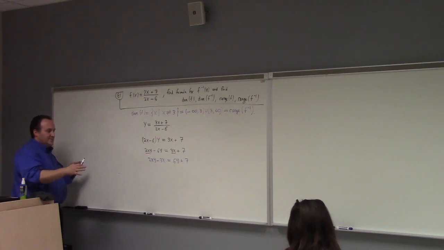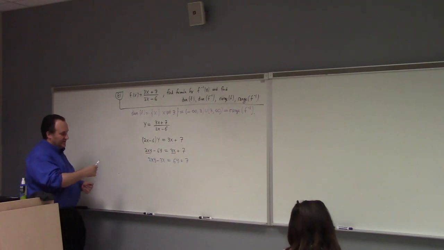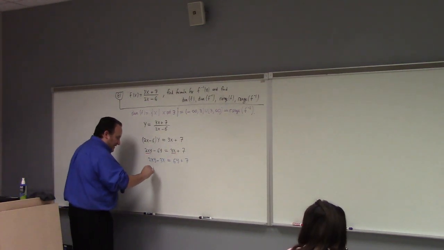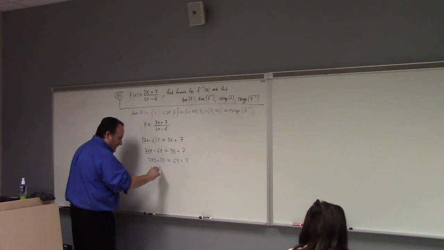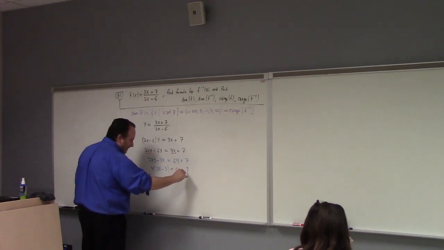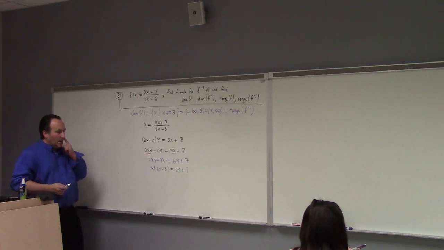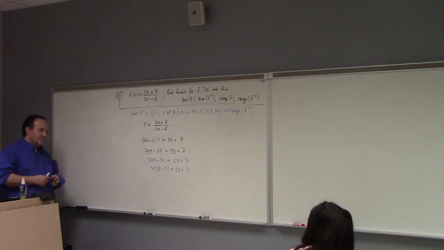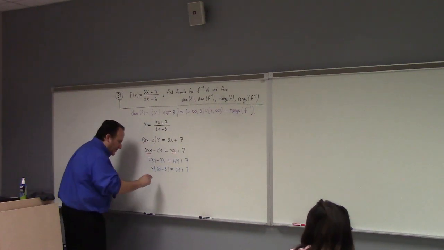Once you do this, factor x out. We can do that. See, this is x times 2y minus 3. All right? Factor out the x. And finally, finishing move here, divide by the coefficient of x.